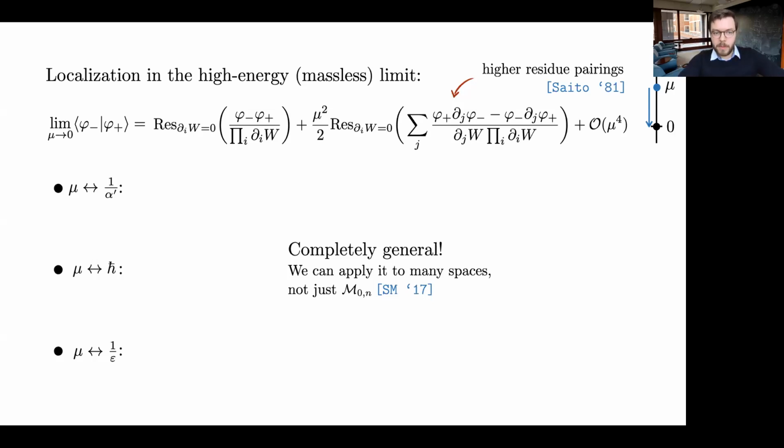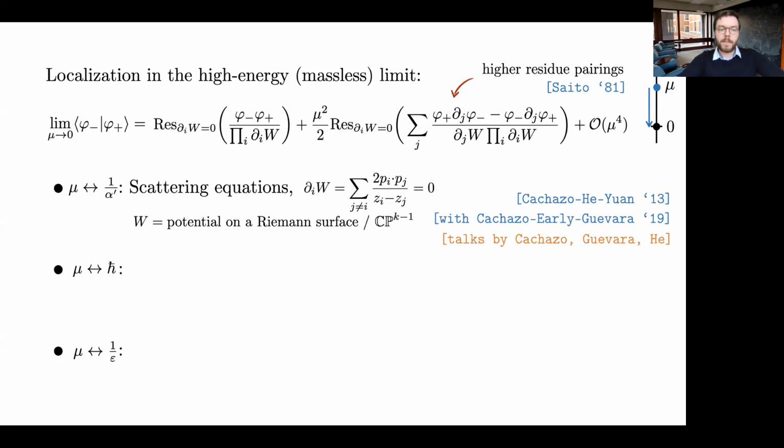That's a thing that we've been exploring for a couple of years now, and I wanted to flash you some examples that are of physical relevance. Well, first of all, as you might recognize, these derivatives of the potential being equal to 0 are nothing but scattering equations. And as a matter of fact, that's the formula that we've learned from Cachazo and Yuan. And in this interpretation, W was, as before, the potential on a Riemann surface.